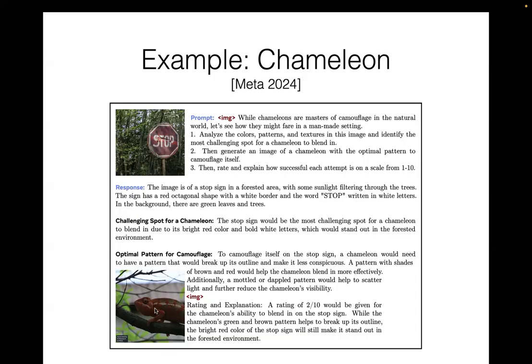So the generation of text uses separate tokens from the images. The image tokens are image tokens because there's a decoder that can produce an image from them, so you'd have to train your decoder.